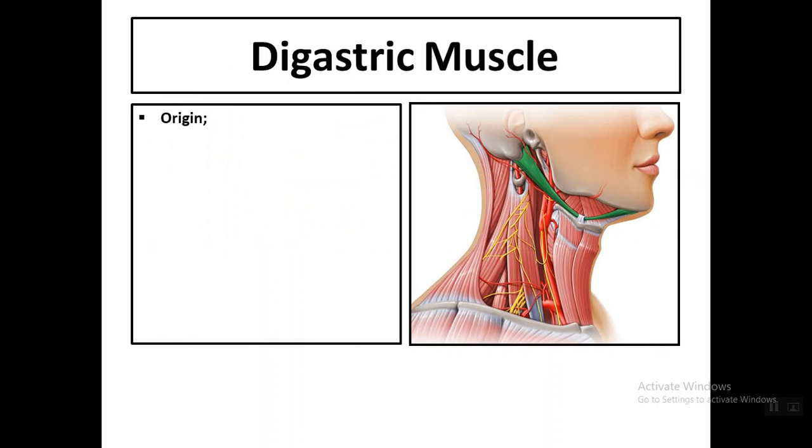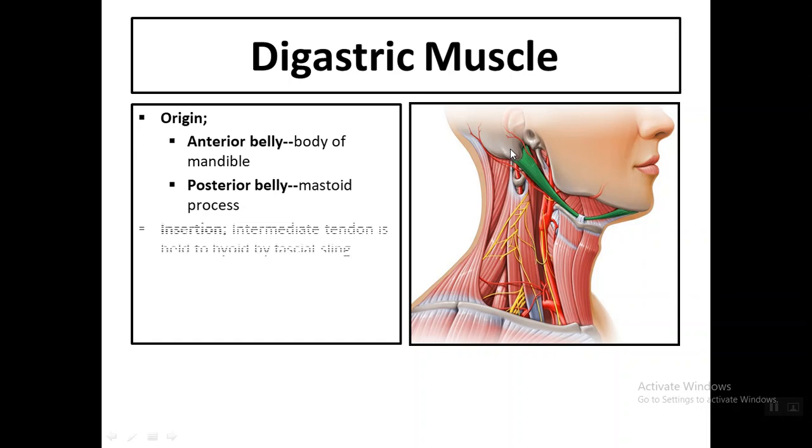As an example, we said we have the digastric muscle. That means the muscle with two bellies, anterior belly and posterior belly. Origin: the anterior belly from the body of the mandible, from the digastric fossa. The posterior belly originates from the mastoid process of the temporal bone. The insertion here is in the middle: there is an intermediate tendon held to the hyoid bone by a fascial sling.